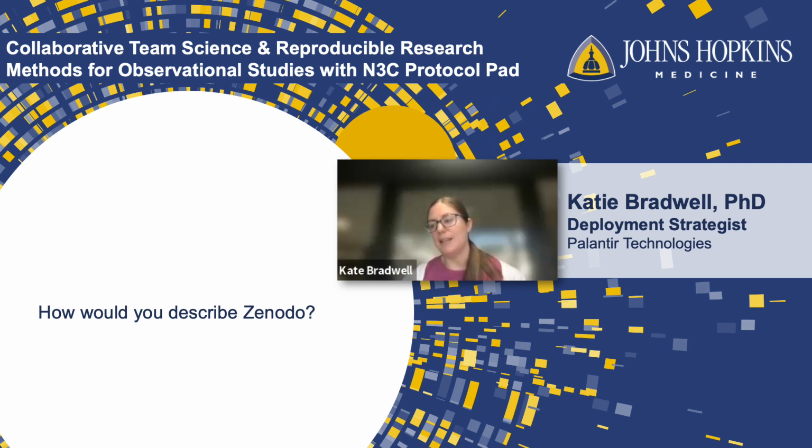And it doesn't have to be just concept sets. It can be other kinds of definitions, say variable definitions or code. For example, some people try and get a Zenodo unique identifier for a specific version of their code that they used for analysis for a study.